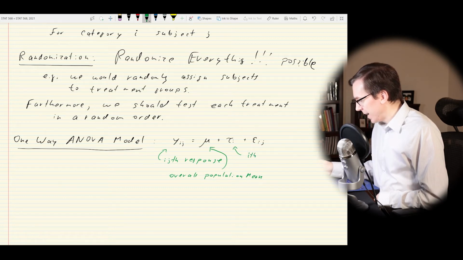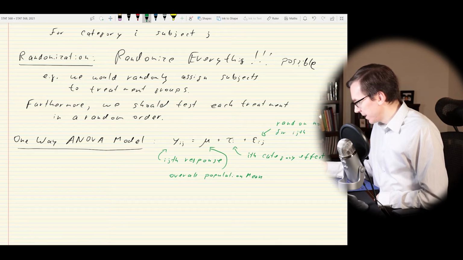We have tau i, which is the ith category effect. And we have epsilon ij, which is the random noise for the ijth observation.